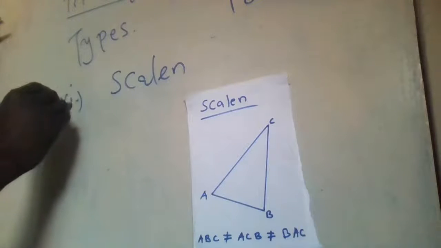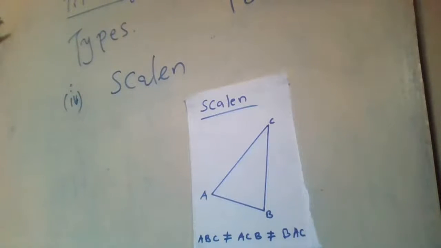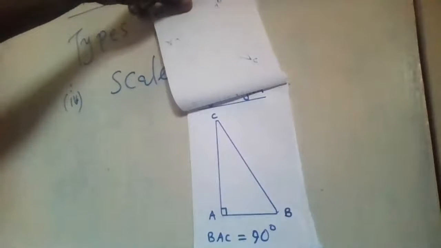The first one was an equilateral where all the sides are equal and all interior angles are equal. Second one was an isosceles where only 2 sides are equal and 2 of the interior angles are equal. Third and second last was a right angled triangle, which is right over here. Okay, allow me to go through.